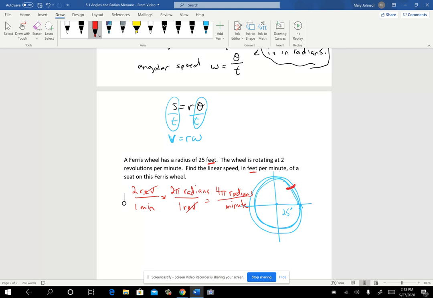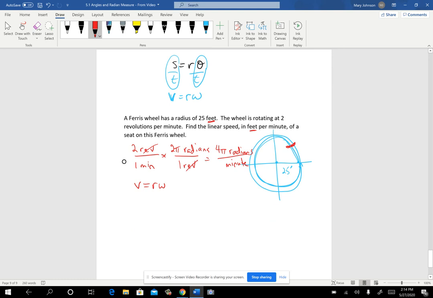All right, now I can go to the formula. I'm trying to find the linear speed, and so I can use the formula that relates those two. I know the radius is 25, so in place of r, I'm going to put 25. And that 4 pi radians per minute, that's the angular speed, so that's the 4 pi right there. I can multiply those two, and I get 100 pi.